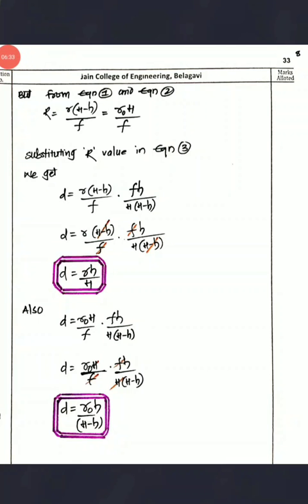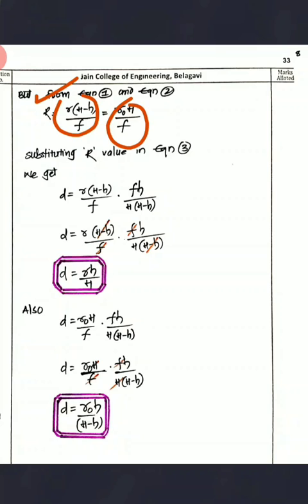Now from equations 1 and 2, what we have is that capital R is equal to r into H minus h divided by f, which equals r naught H divided by f.